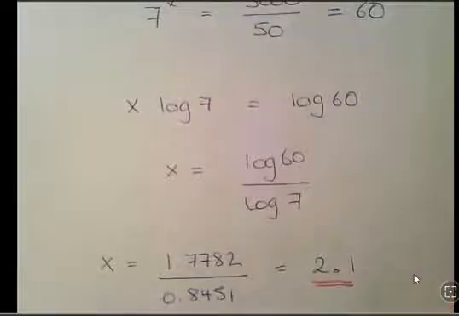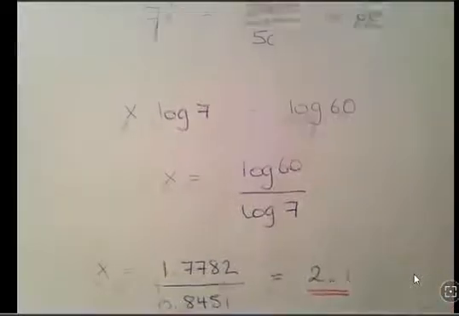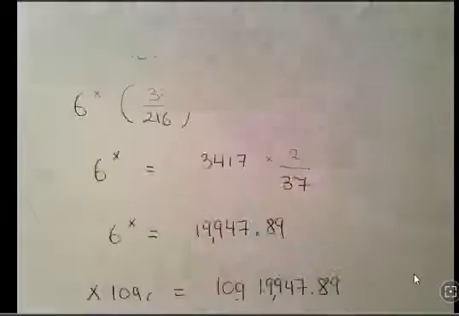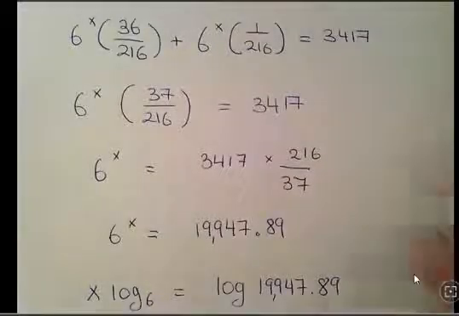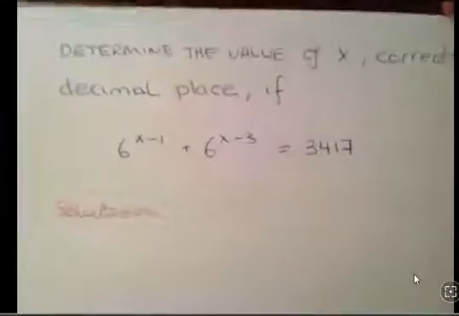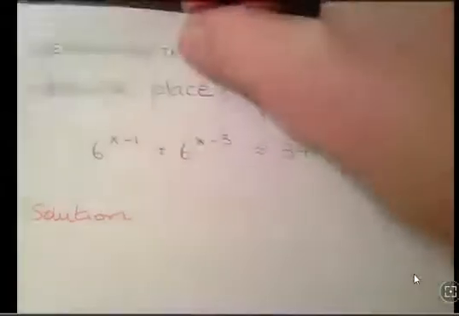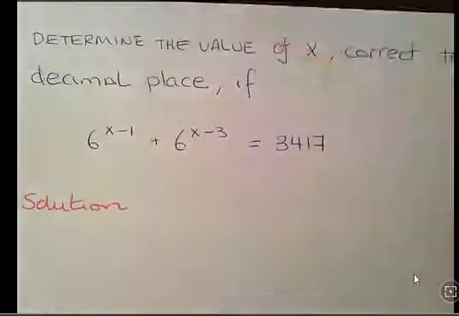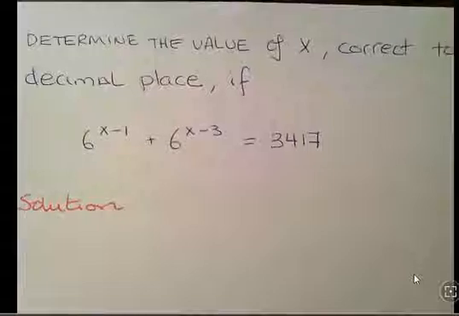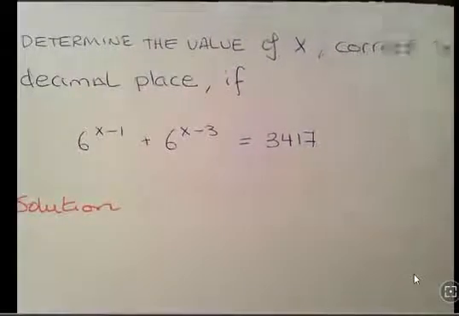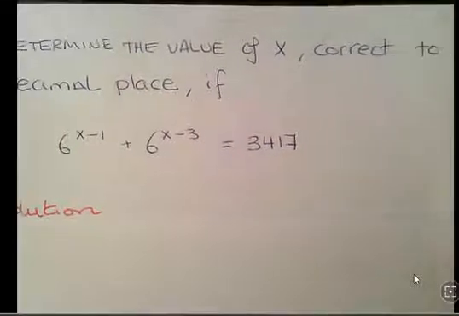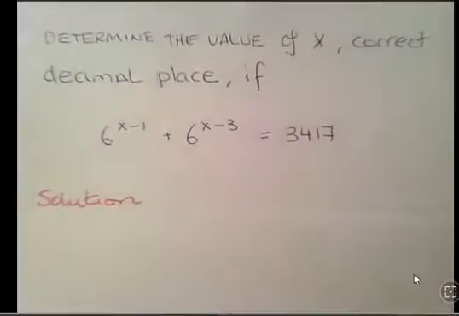So that's one of the first examples. I'll move on to the second example, which is a little bit trickier, but follows the same logic. Determine the value of x correct to one decimal place. It should say one decimal place just to the side there, but you can take my word for it.